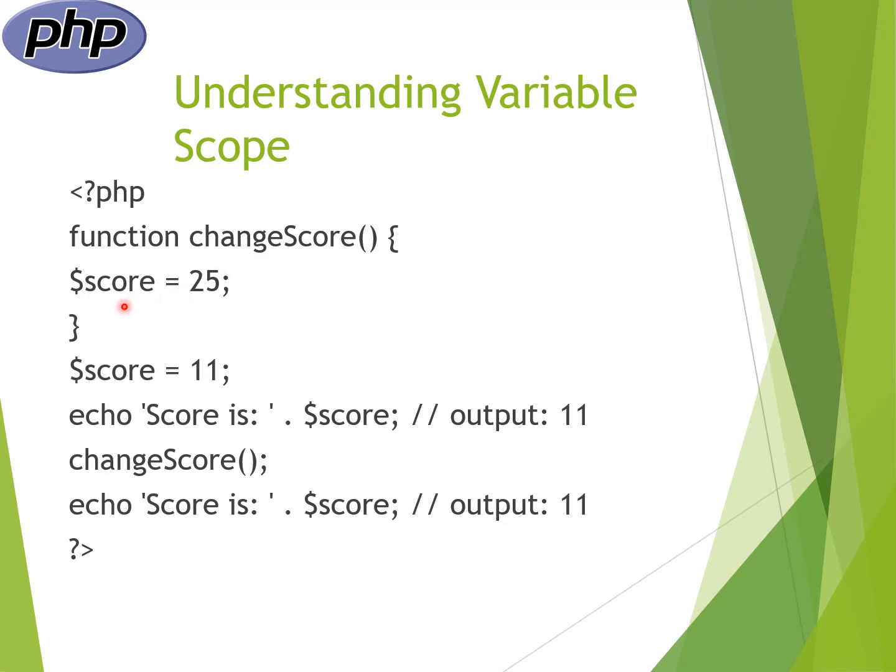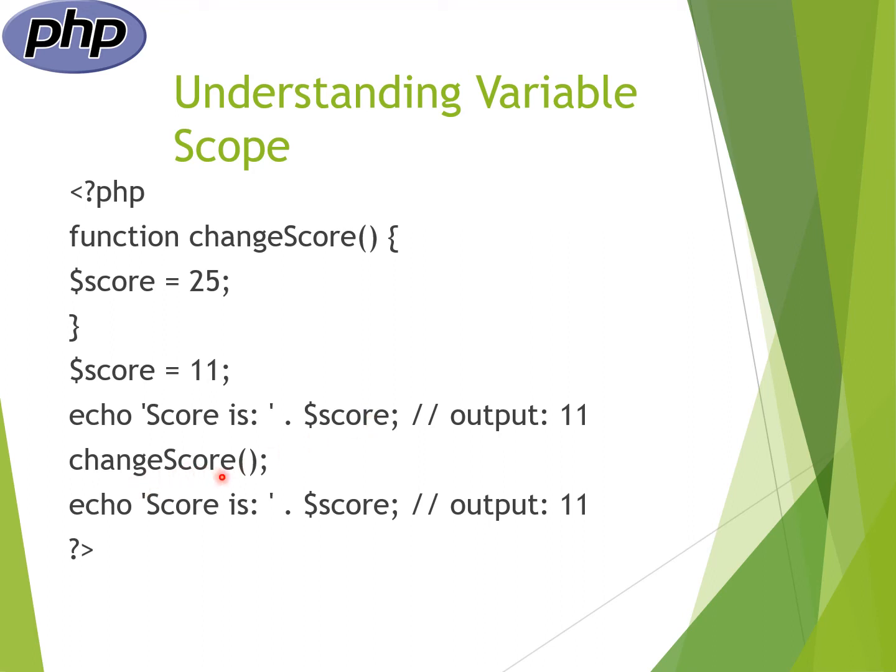The name of the variable is $score, which contains the value 25. Outside the function another $score variable is declared with an initial value of 11. Echo "Score is $score": the output will be score is 11, because before this line $score is defined as 11.